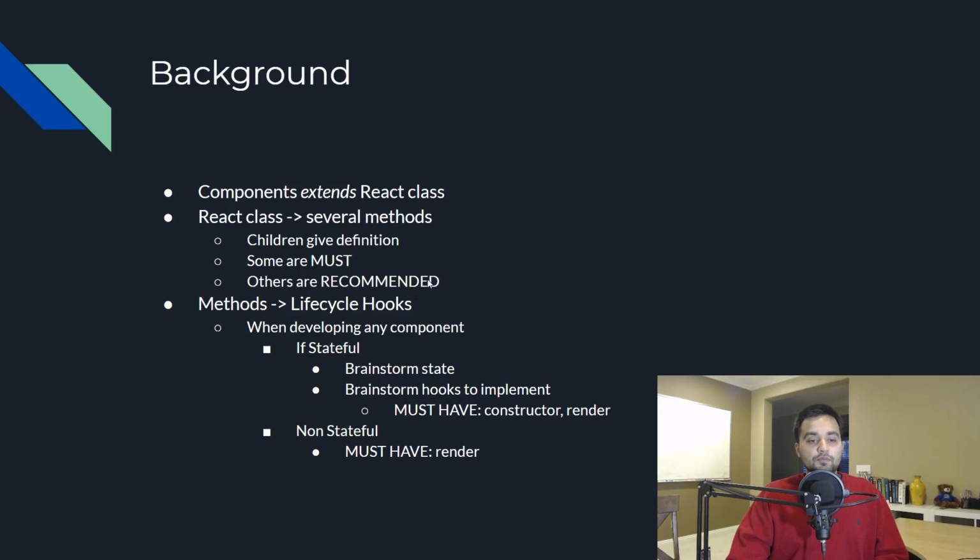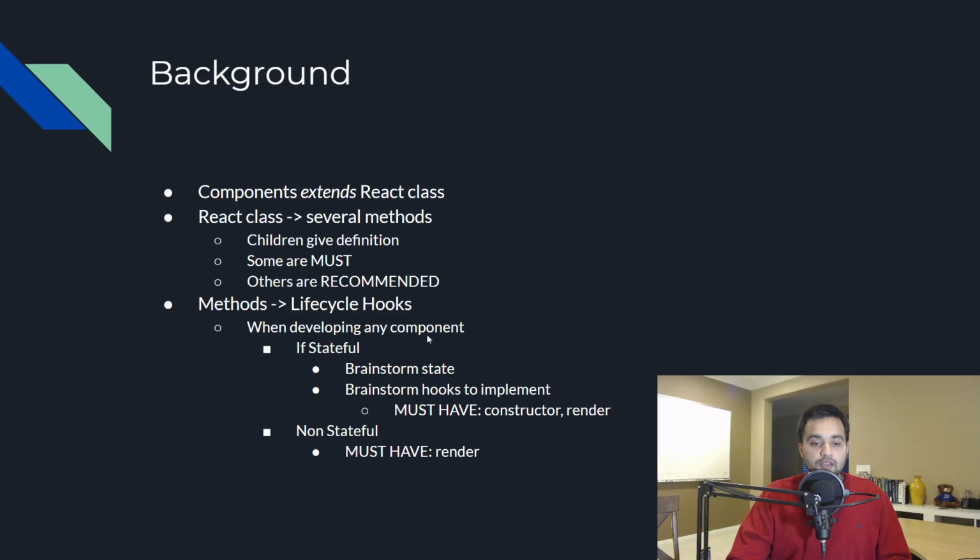The formal name for these methods is lifecycle hooks. We're going to go over some of them. Some you have to implement, and some you don't. And the lifecycle hooks are just methods in the parent class. Those are the two key points I want you to remember.